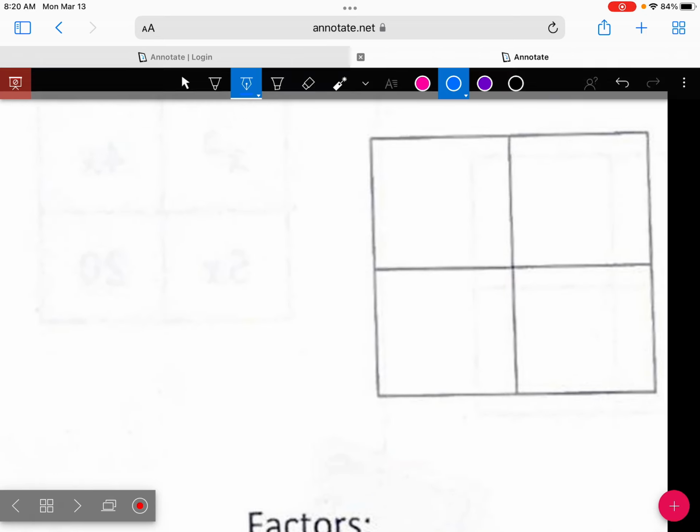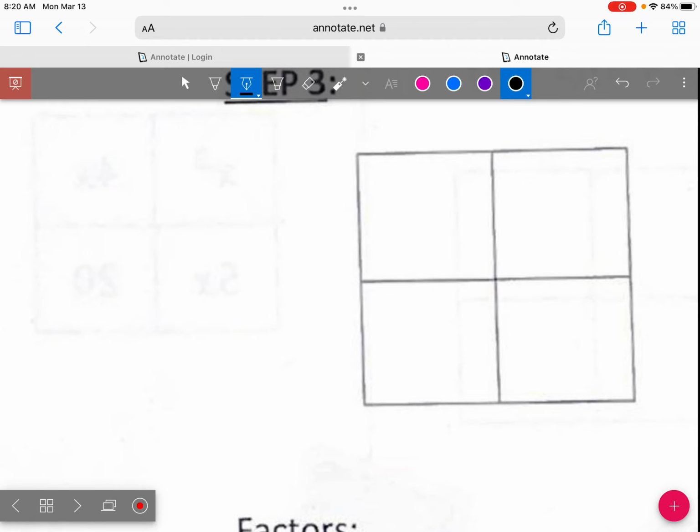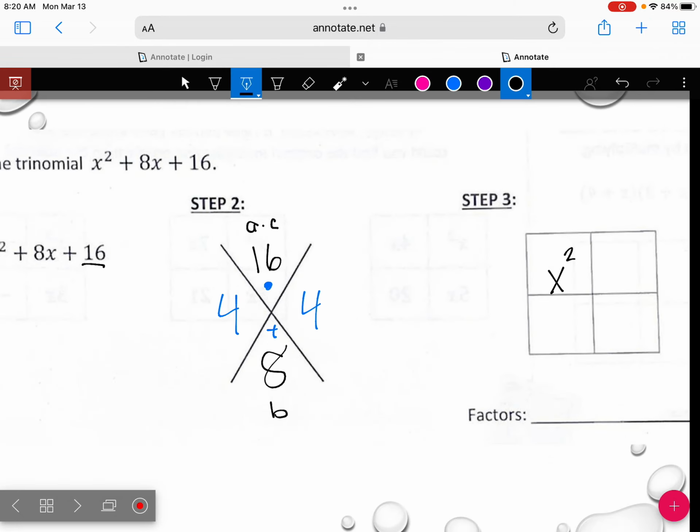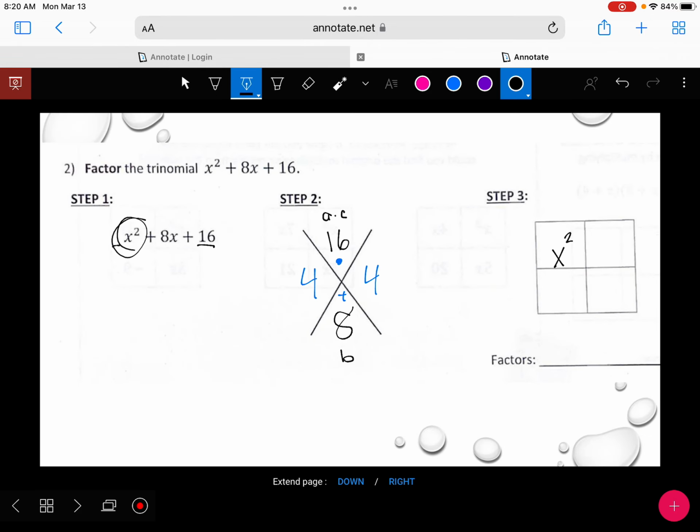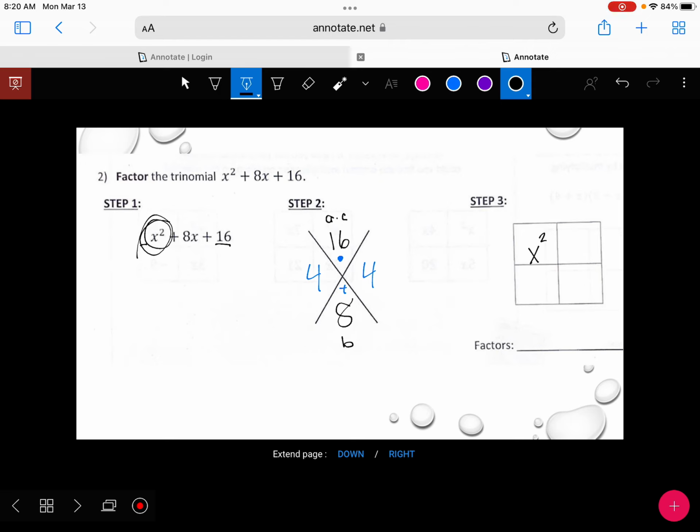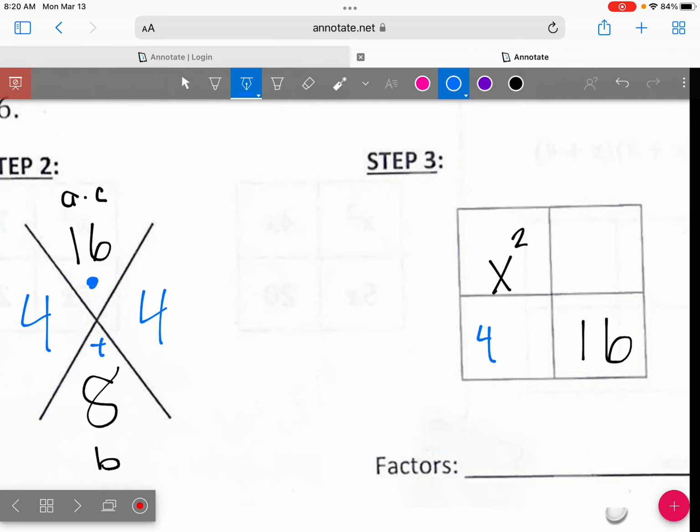So filling in our box, we get our x squared from our equation. Honestly, this is where the most mistakes happen: I'm getting this x squared from here. This 16 is this one. The only thing we use the x frame for is how this middle guy splits into 4x and 4x.